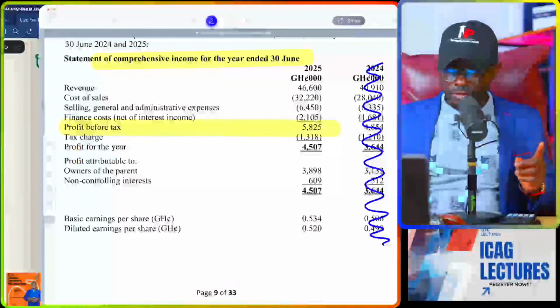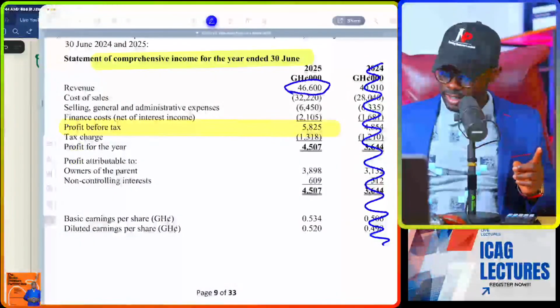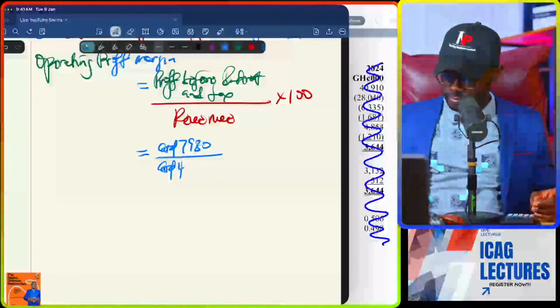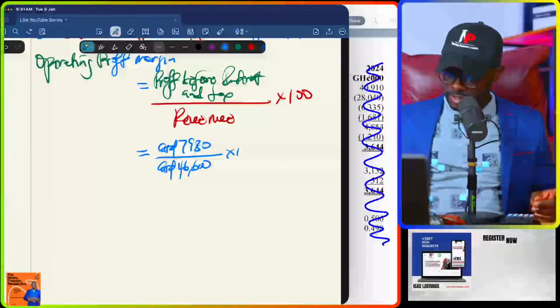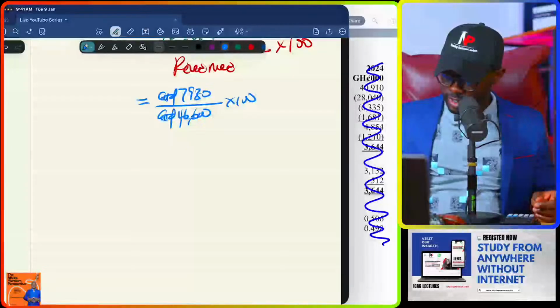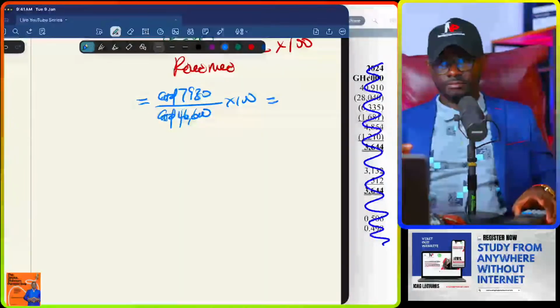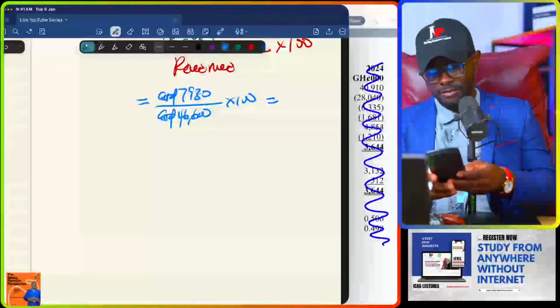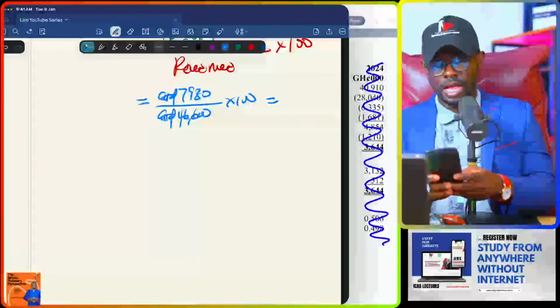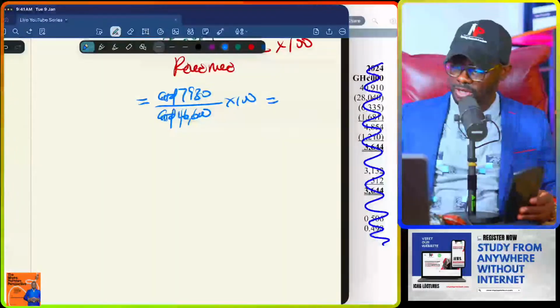Can you see revenue here? 46,600. Times 100. So let's see what we got. Divided by 46,600 times 100. I'm getting 17, maybe 0.02.